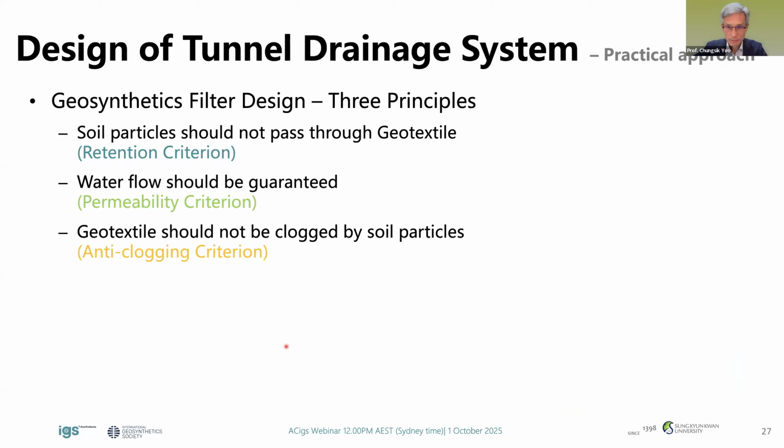Okay. So as you may know, there are three fundamental criteria that should guide the design of geotextile filters. They are retention criteria, permeability criteria, and also anti-clogging criteria. Okay.